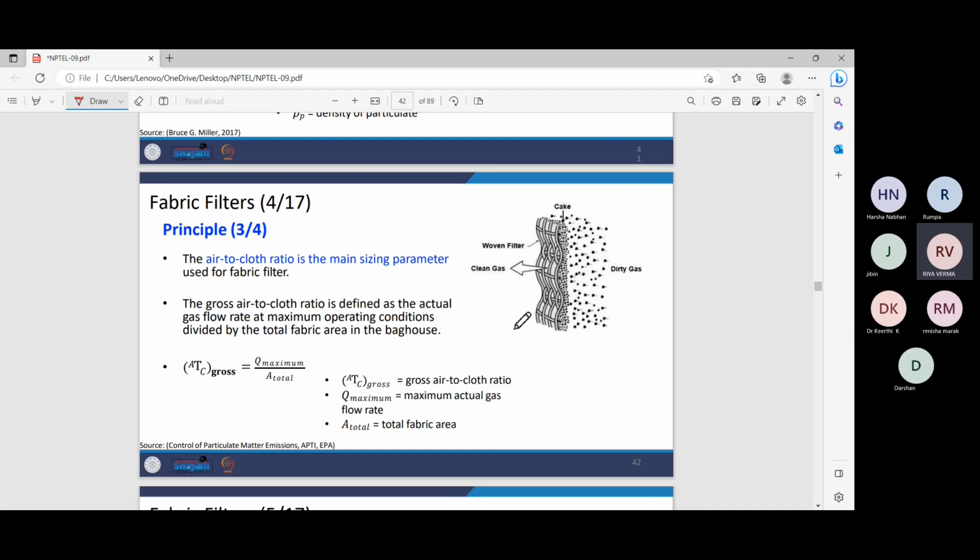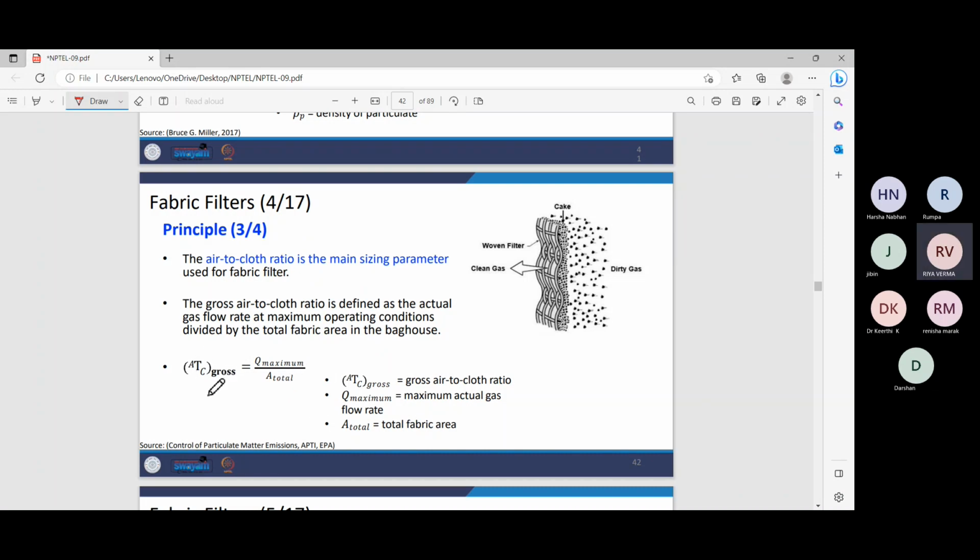Here, the air to cloth ratio is the main sizing parameter that is used for fabric filters, and the gross air to cloth ratio is defined as the actual gas flow rate at the maximum operating conditions divided by the total fabric area in the baghouse.